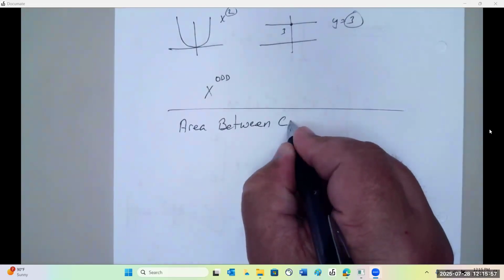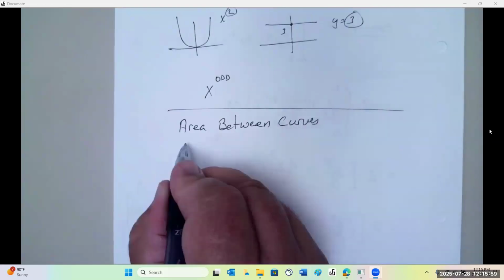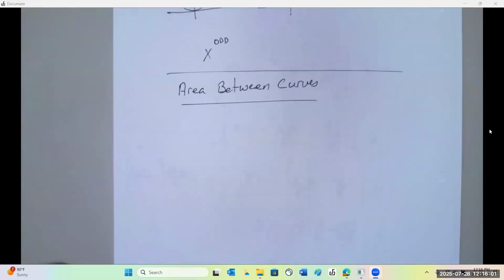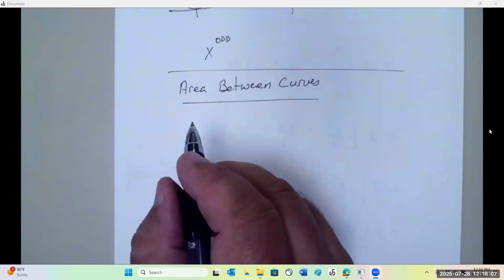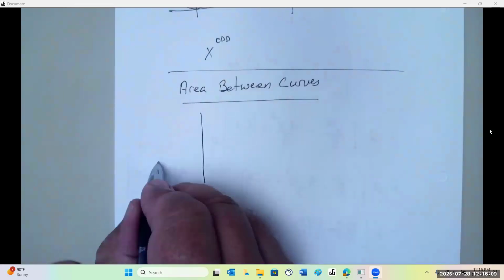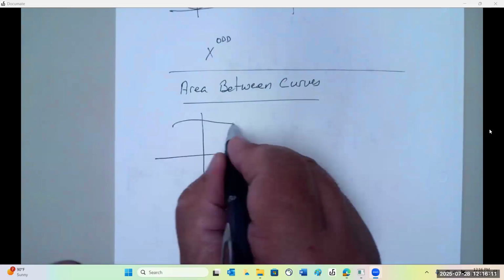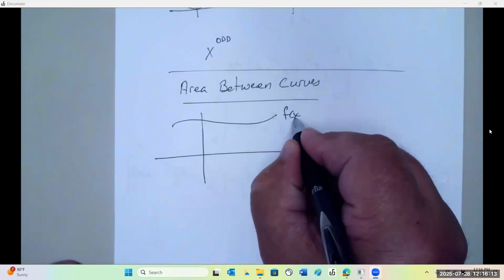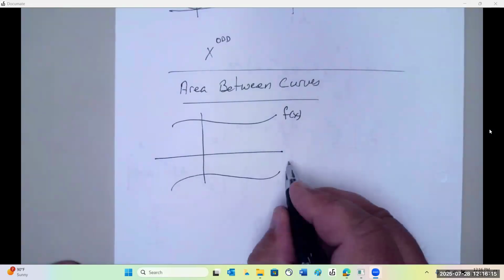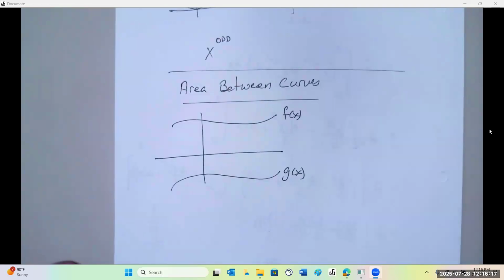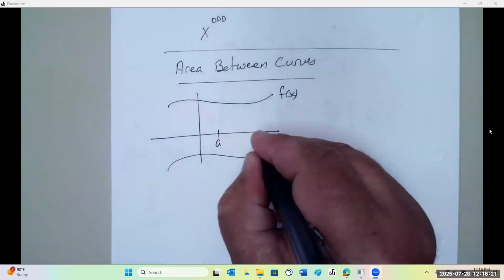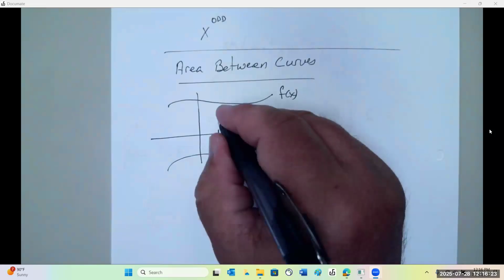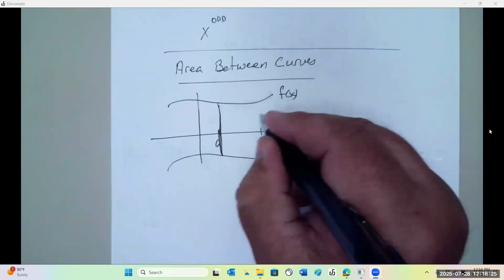Now we're looking at area between curves. What we're going to look at here is we're going to have two functions, an f of x function and a g of x function, and we're going to look for the area between a and b.